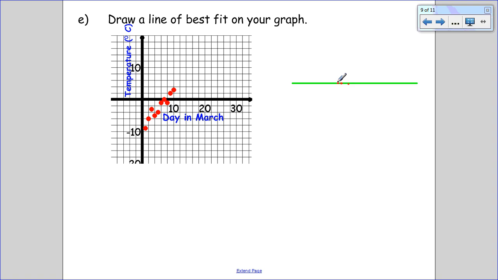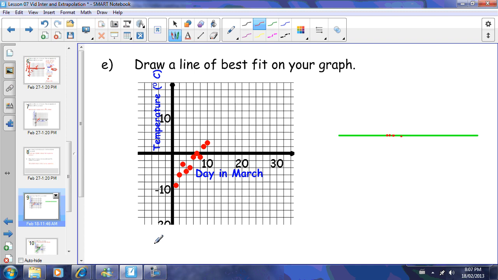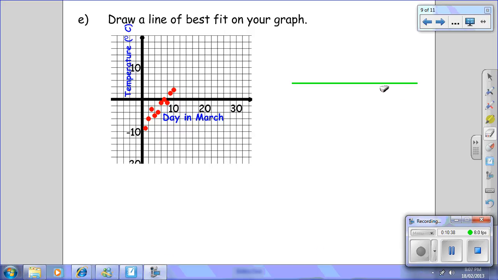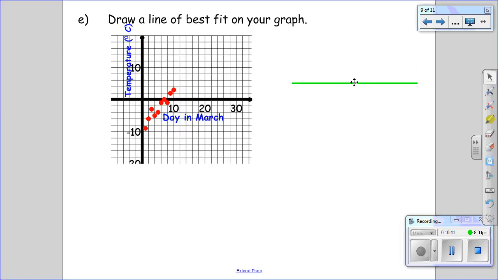No. Okay, so back to our graph, we're going to grab our line of best fit, and drag it over here, and drag it around, and try to make sure that we get as many points above and below as we can, and that we follow the trend that exists at both ends of the data. And that line of best fit looks pretty good. I've got 1, 2, 3, 4, almost 5 points above and 3 points and a bit below. So it looks pretty good.